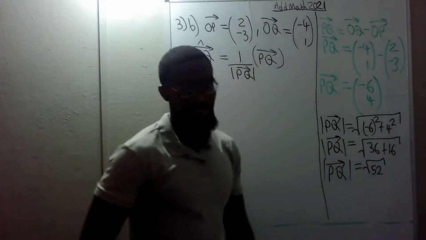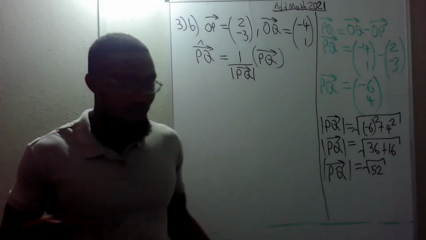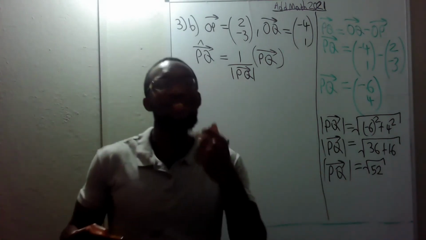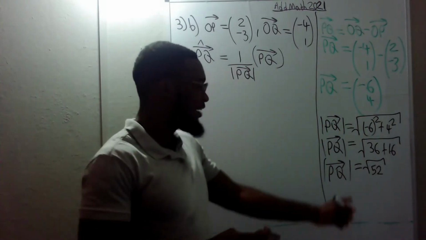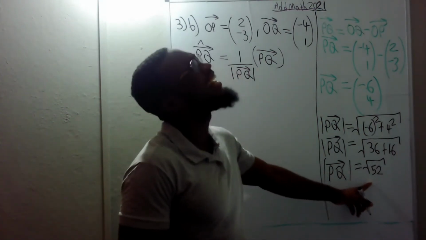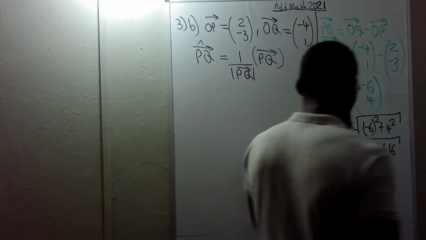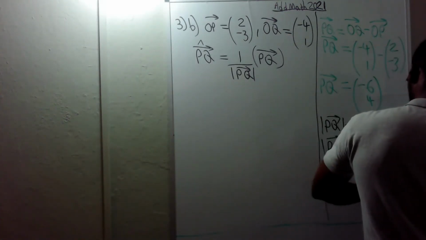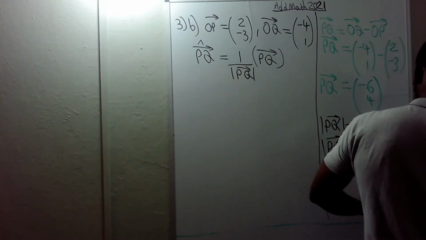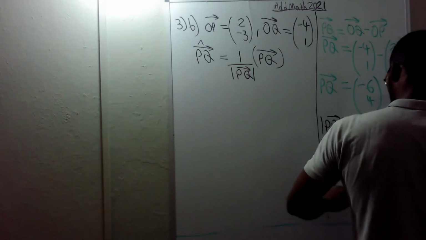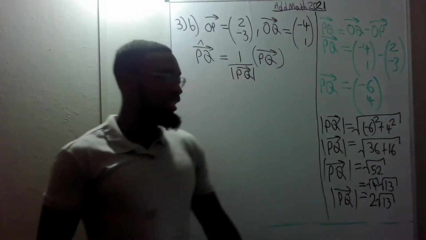But guys, they said in its simplest form, so you simplify. 52 is 4 times 13, so this is the square root of 4 times the square root of 13, and the square root of 4 is 2. So the magnitude of PQ is 2 root 13.